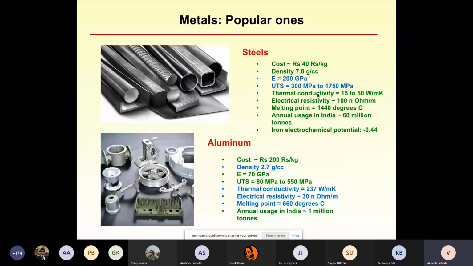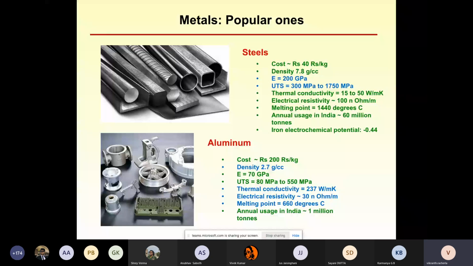Now, steel has a relatively low thermal conductivity. Low carbon steel has about 45 to 50 watt per meter Kelvin. Which variety of steel has low thermal conductivity? Stainless steel.